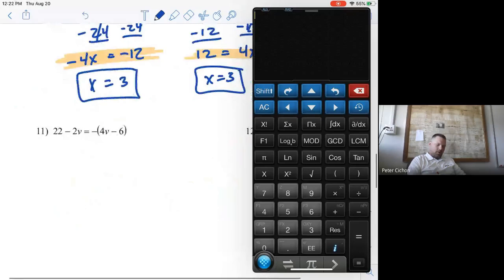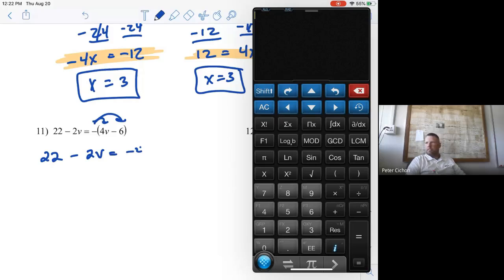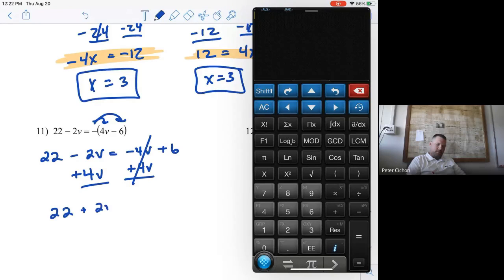All right, one more. 22 minus 2v equals negative 4v plus 6. Here, I just want to distribute the negative. So I'm going to add the 4v so it's bigger, so it's positive. So that's gone. 22 plus 2v equals 6.